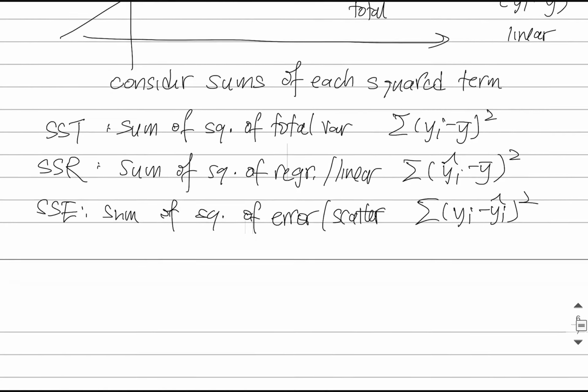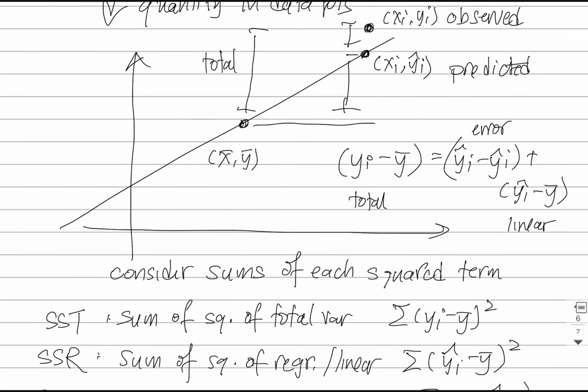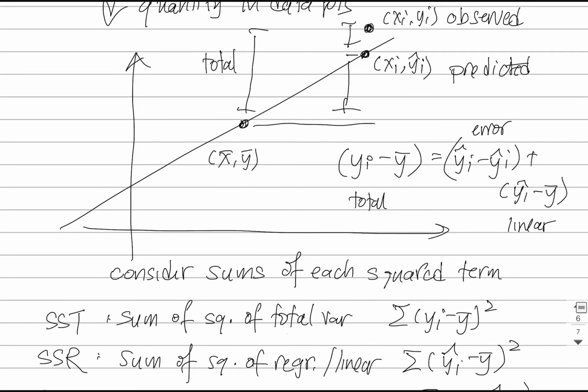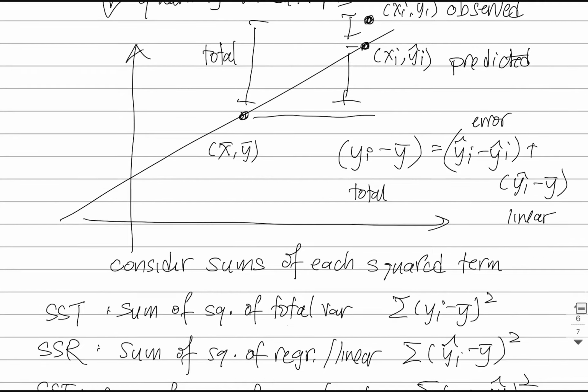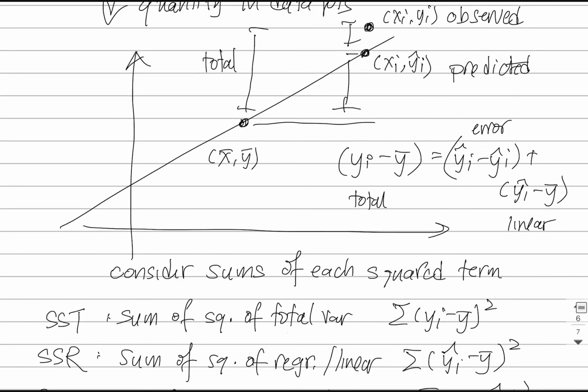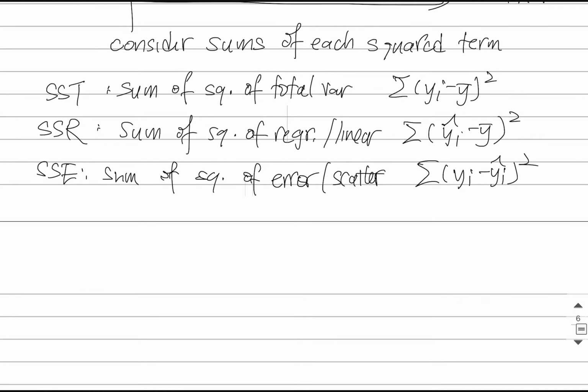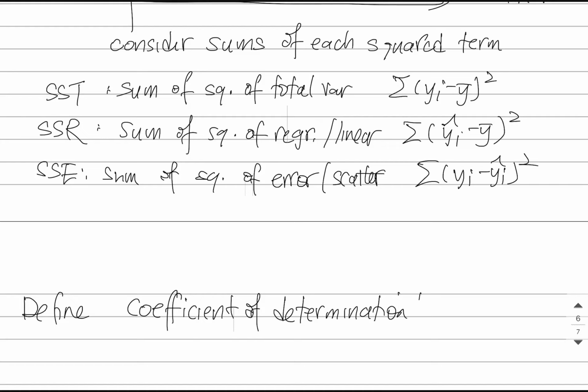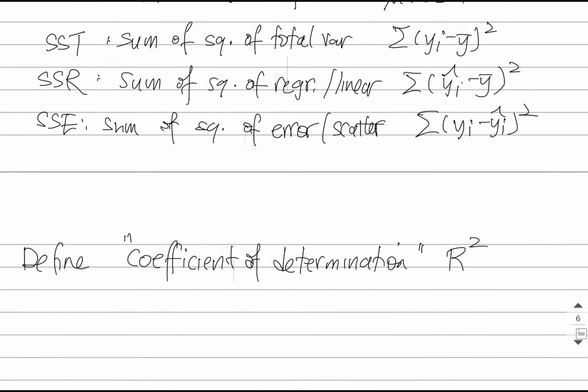We're going to make a definition. In terms of these three things, we've got a total error, a predicted or linear error, and an observed or scatter error. So we are going to define something called the coefficient of determination, and we're going to give it the symbol capital R squared.